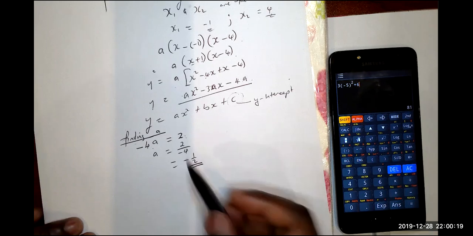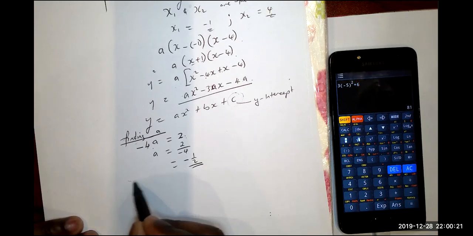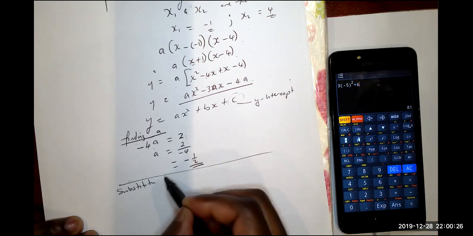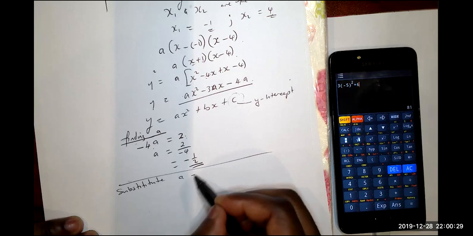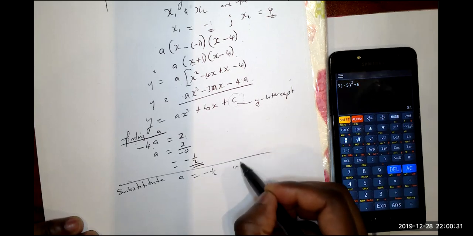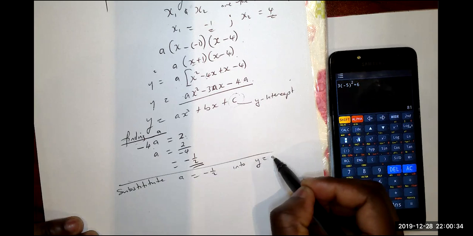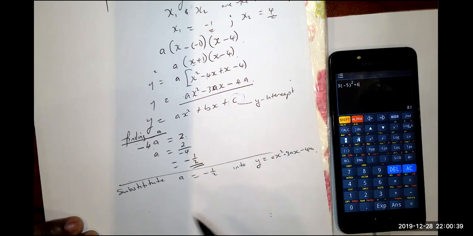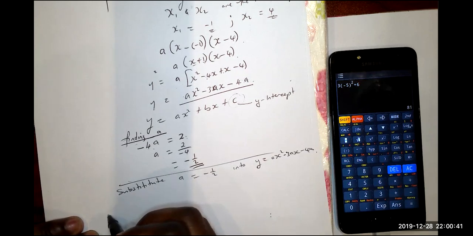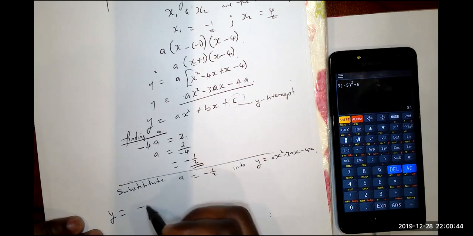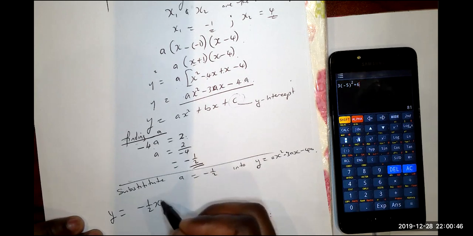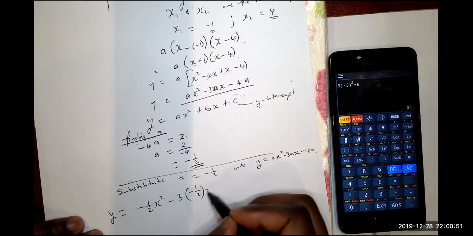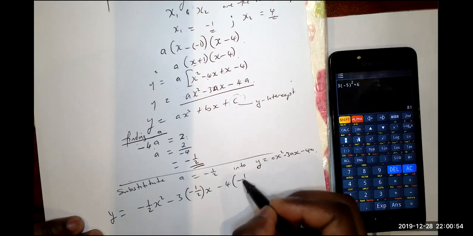Now, after that, what you do is substitute a equal to negative 1 over 2 into y is equal to a x squared minus 3ax minus 4a. Then you find the equation: y is equal to negative 1 over 2 x squared minus 3 in brackets negative 1 over 2 x minus 4 negative 1 over 2.